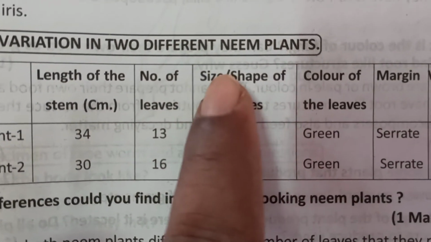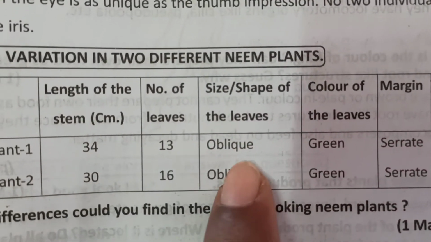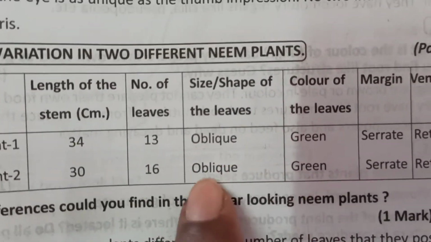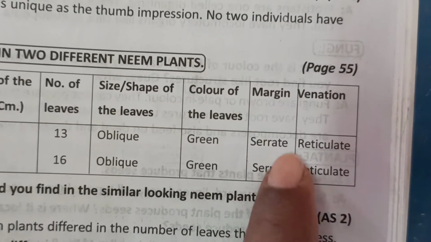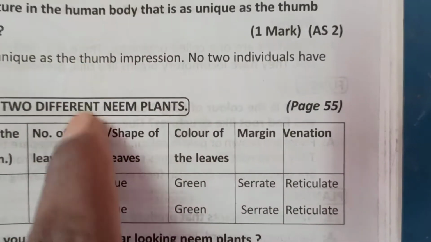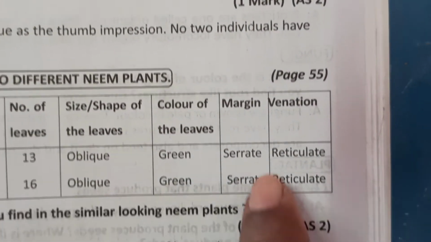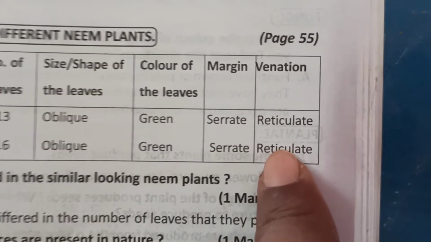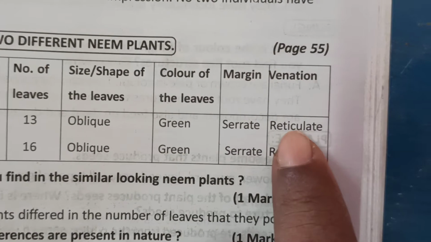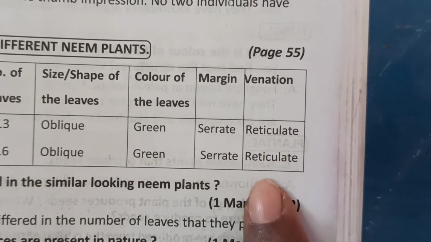As you know, the neem leaf shape is oblique and the color of the leaf is green. Next, the margin is serrate, not even. Next, venation: because these are dicotyledons, they obviously have reticulate venation.